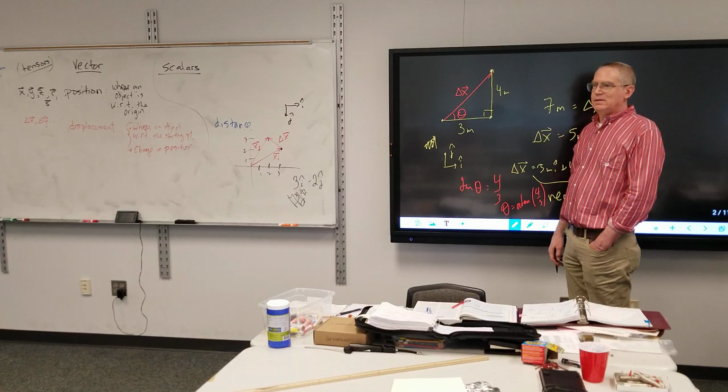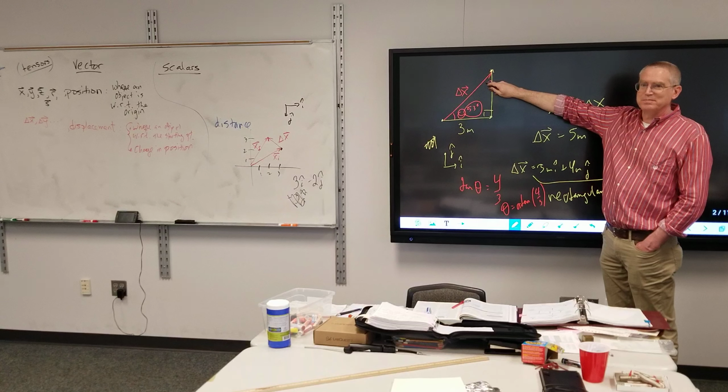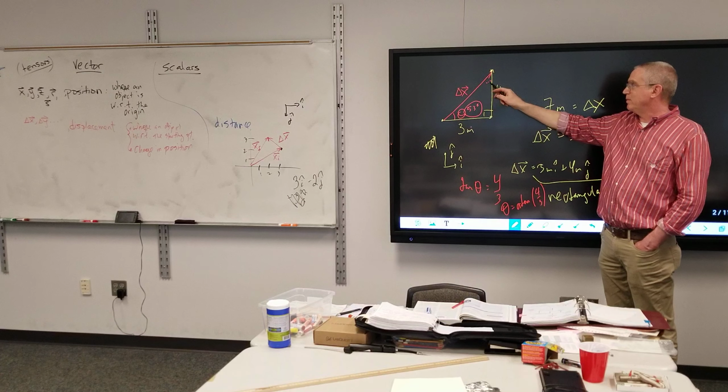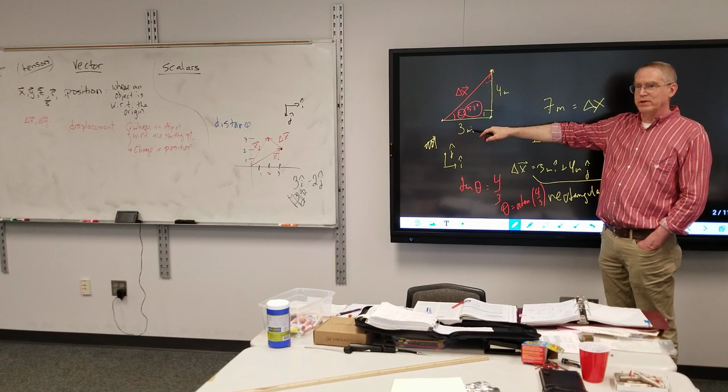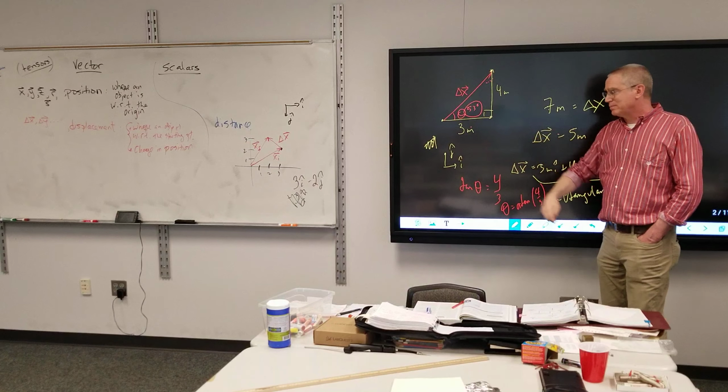The angle is 53.13. I'm going to round it off, 53 degrees. That's the 37-degree angle out there. Short side, the small angle is opposite the small side. Middle side, middle angle. All right, so 53 degrees-ish.